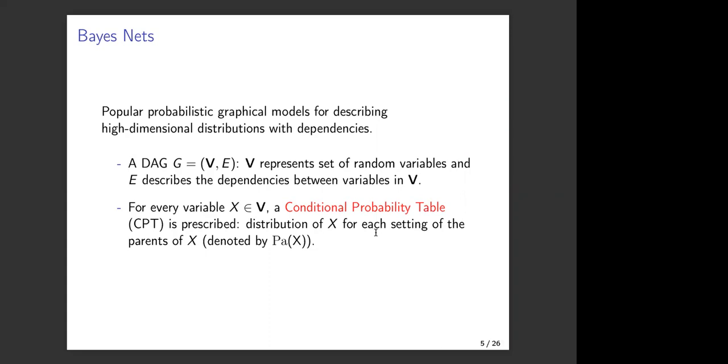One is a DAG, a directed acyclic graph (V, E), where V is a set of nodes and E is a set of edges, where V represents a set of random variables and E describes dependencies between these variables.